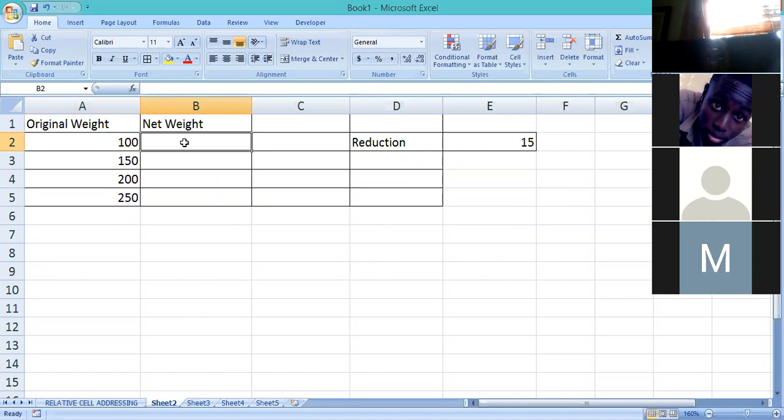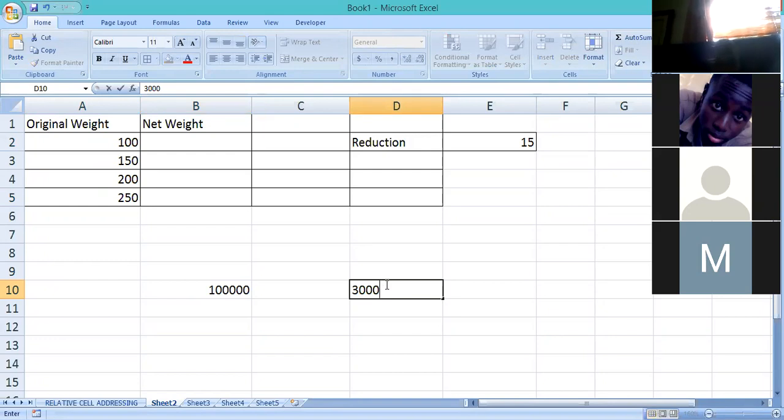So you get a salary, you get the original salary, right? They get $100,000. But out of that salary, you pay $3,000 for NIS. How much would you have left from your salary? So your salary is 100,000 and you pay $3,000 for NIS tax, how much would you have left in your pay? 97,000.